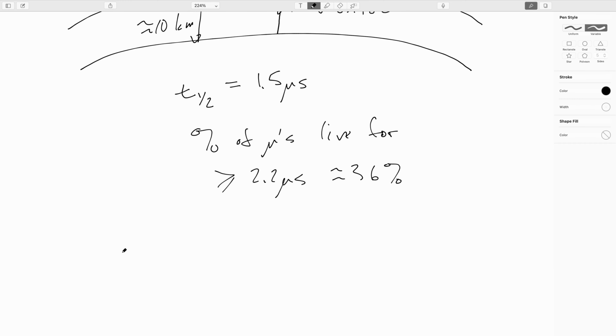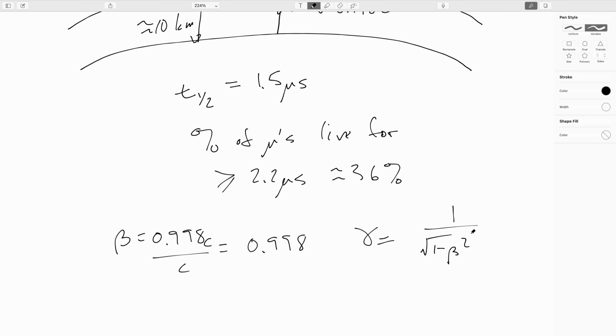If we go ahead and calculate beta and gamma here, beta is going to be 0.998c over c, so 0.998. Gamma will be 1 over the square root of 1 minus beta squared.